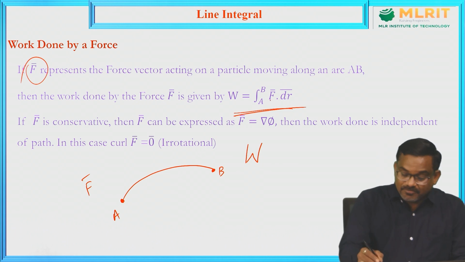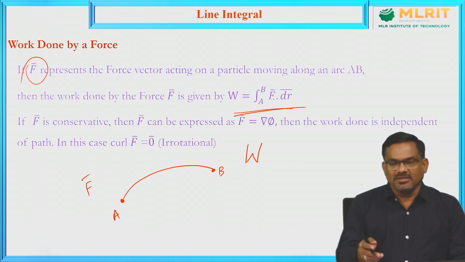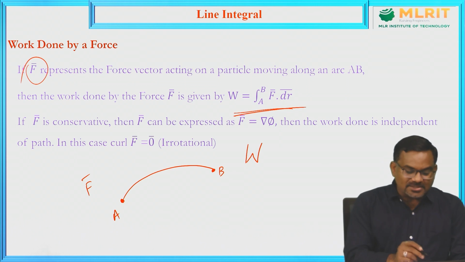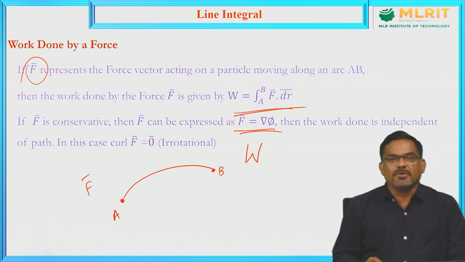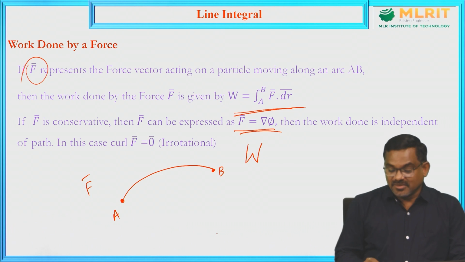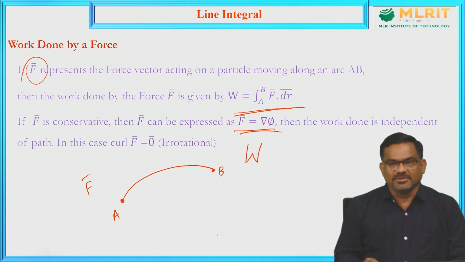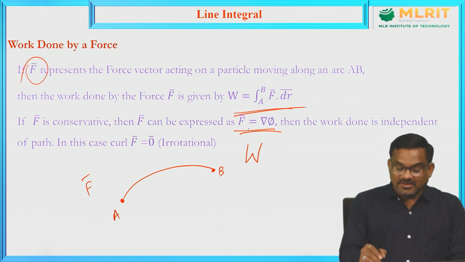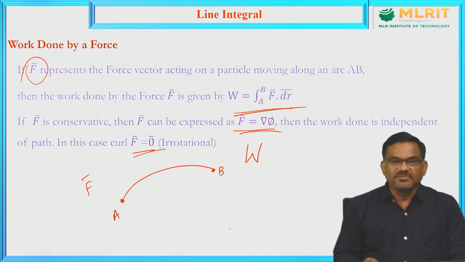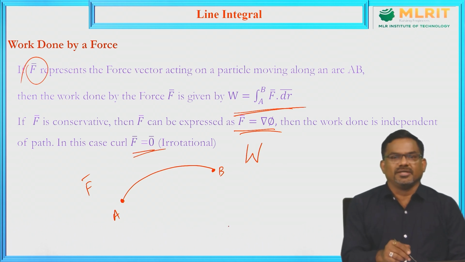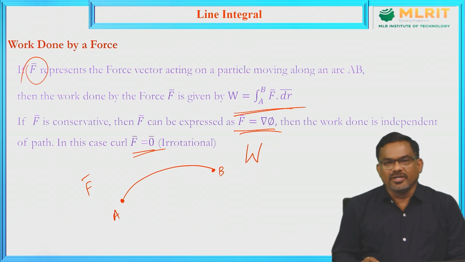If F bar is conservative, then F bar can be expressed as F bar equal to del phi, where phi is called the scalar potential. Since F bar is del phi, curl F bar will be 0 bar. So a conservative force field is also irrotational.